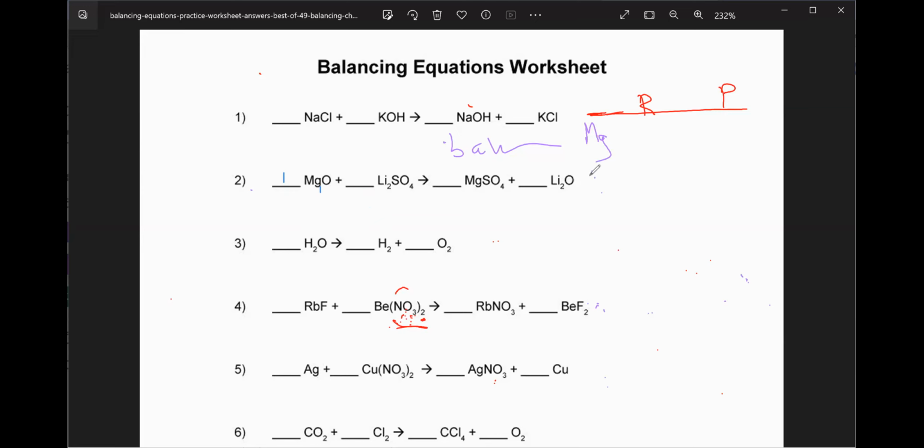First of all, I need to write the elements. So you want me to write them here or here? Yeah, in the table, so I can balance. Oh, okay. So here. Yeah, okay. Magnesium.